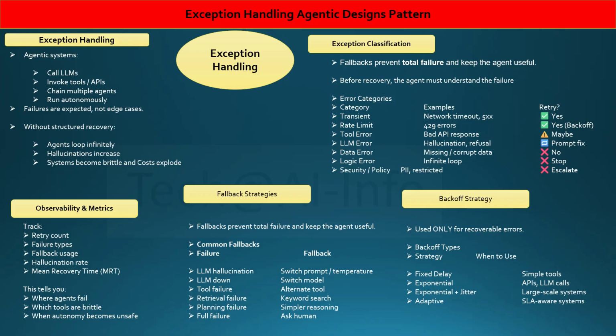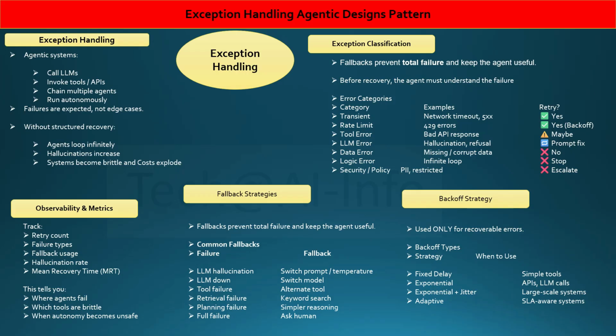This dynamically adjusts delay based on error rate, latency, cost budget and SLA targets. For example, it increases delay during peak load, reduces retries when nearing cost limits, and stops retry if recovery time exceeds SLA.